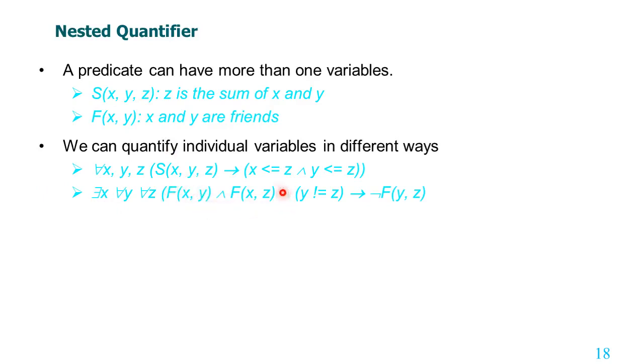Then we can make the statement F(x, y), that means x and y are friends, and F(x, z), x and z are friends, and y is not z. Then definitely the statement says that not F(y, z), that means y is not a friend of z.